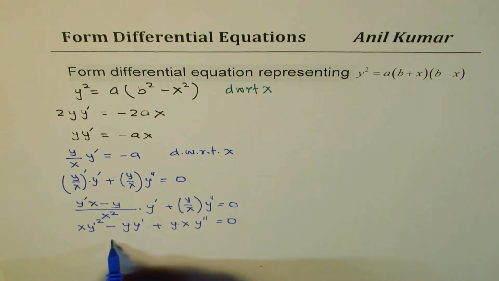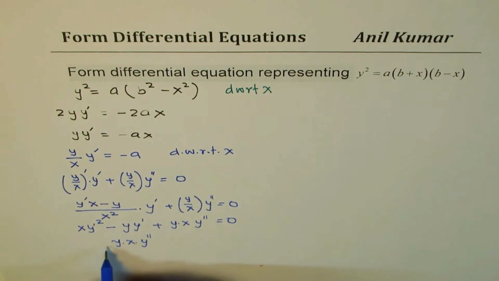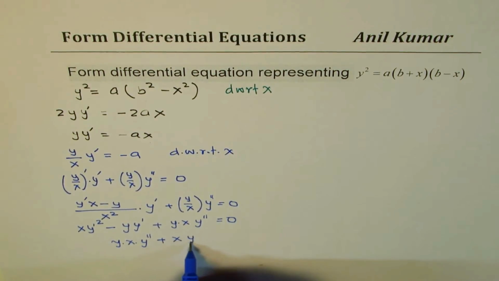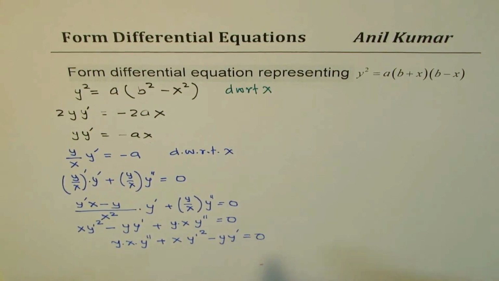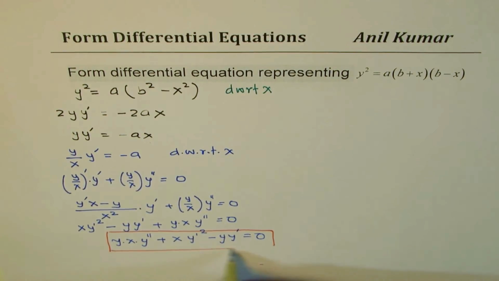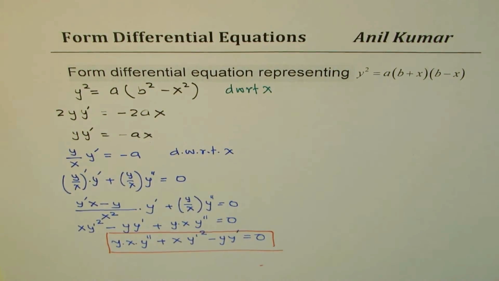So we get our term as y times x times second derivative, and this is plus x y prime square minus y prime equals to 0. So that becomes our differential equation representing the given family of curves.